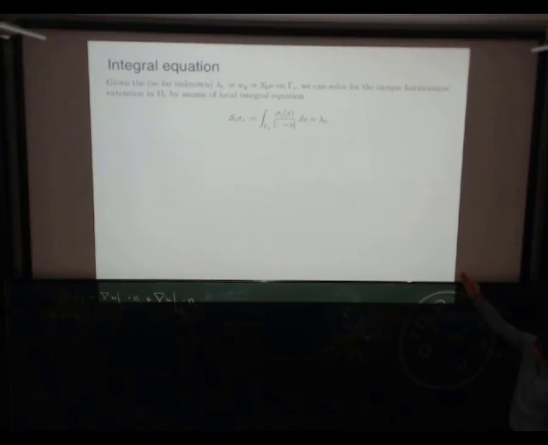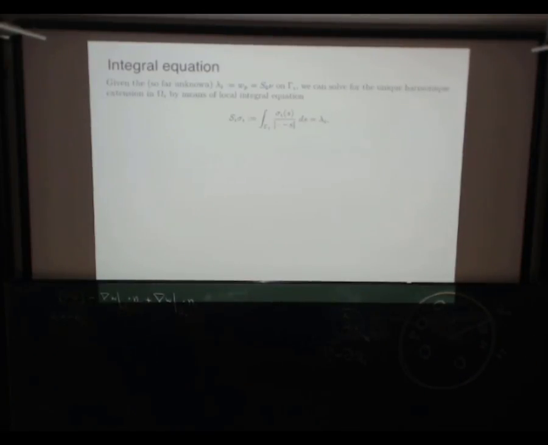Okay? So if you know this lambda I or WP on each gamma I, what you can do is, for instance, in a sphere here, you can solve for the harmonic extension inside. Okay? This is just a sphere. This can be done numerically quite efficiently. Then you know your field inside perfectly.